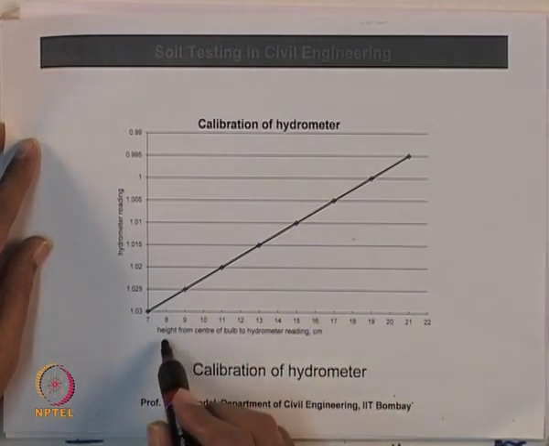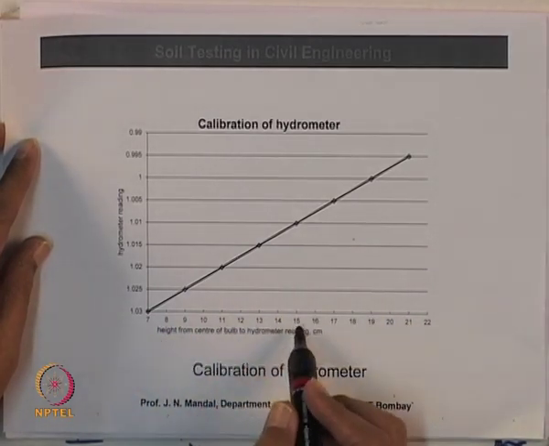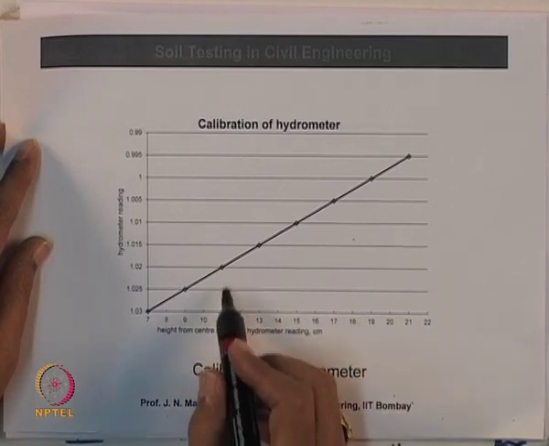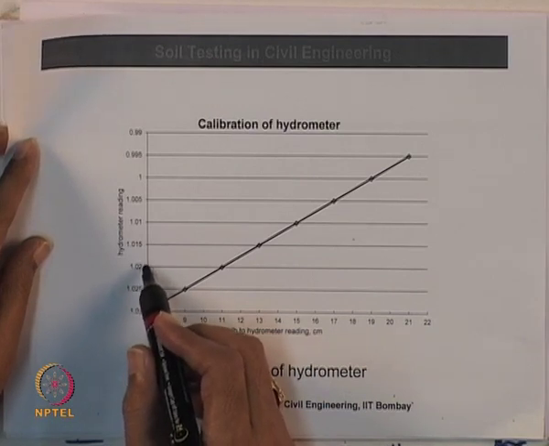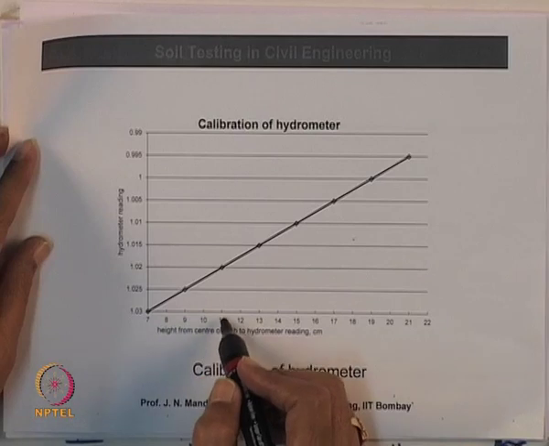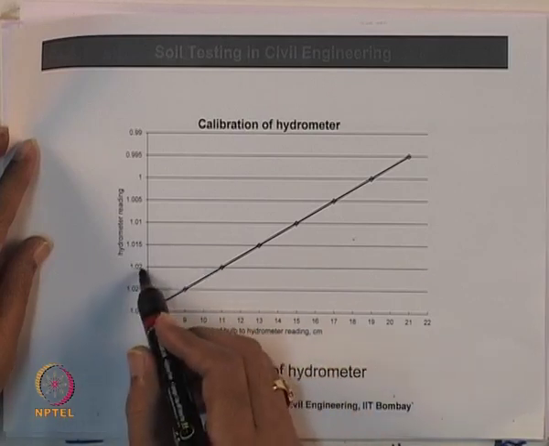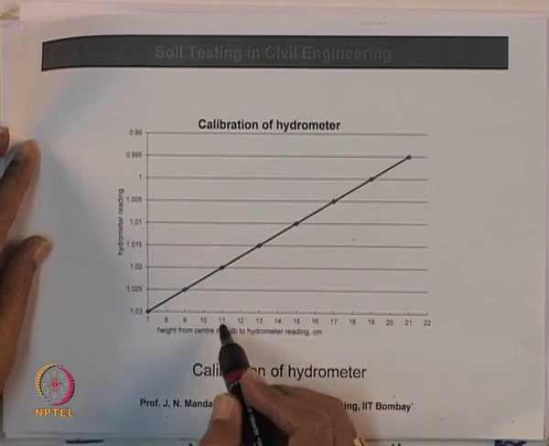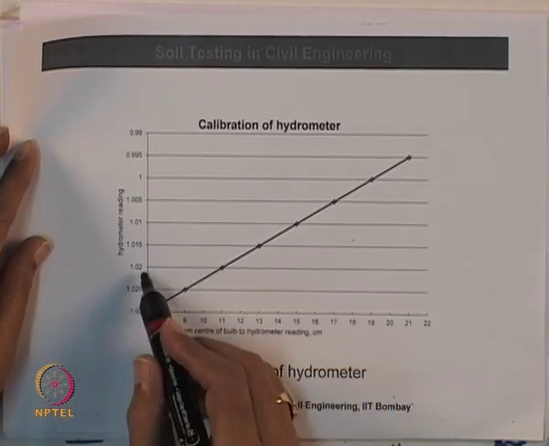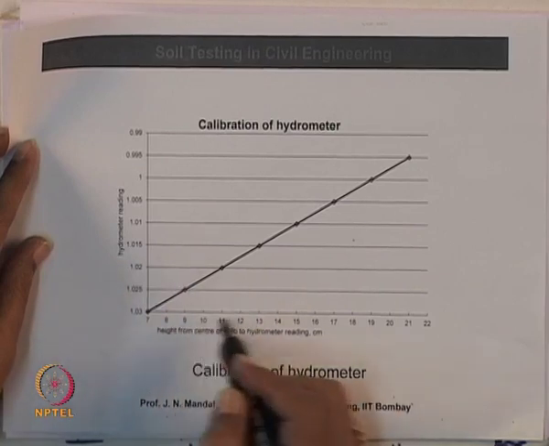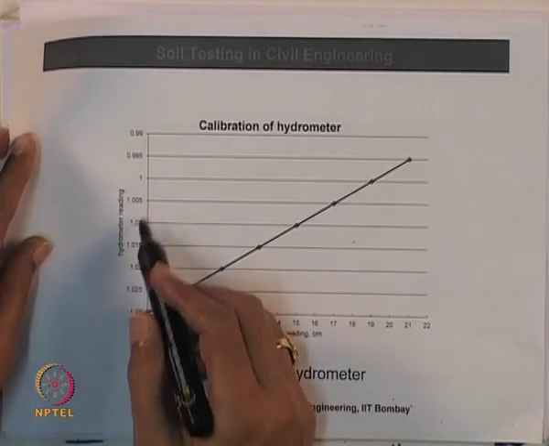Knowing the height from the center of the bulb to the hydrometer reading, you can calculate what the hydrometer reading will be. For example, when the height from the center of the bulb is 11 centimeter, you can read the corresponding hydrometer reading. For any height, you can calculate what the hydrometer reading will be. Okay.